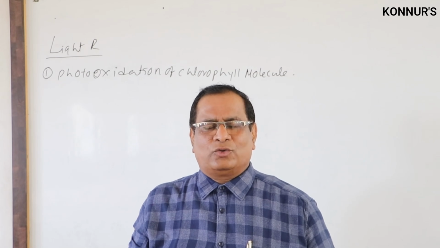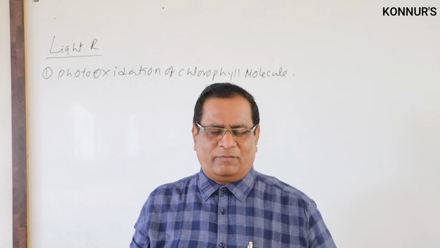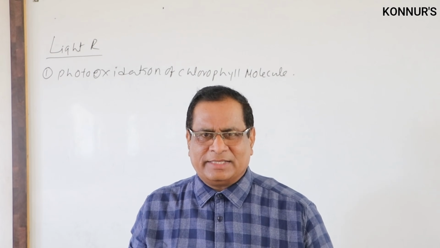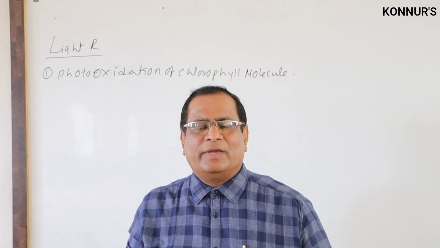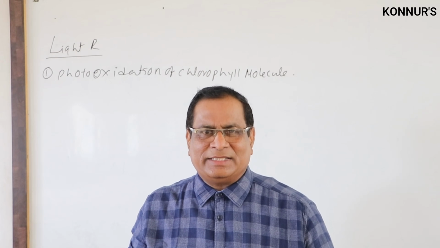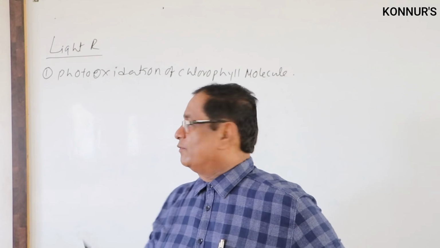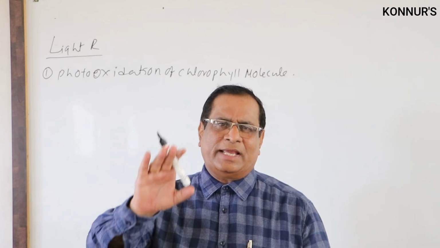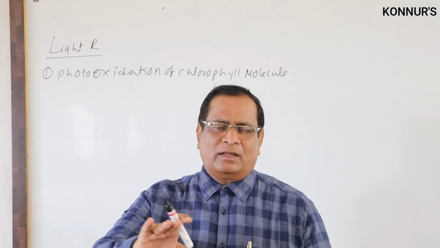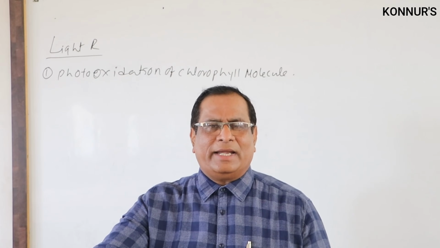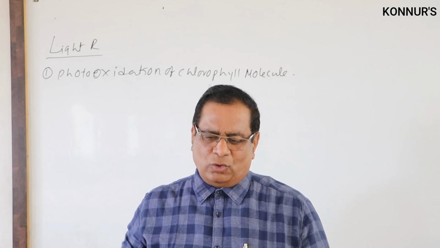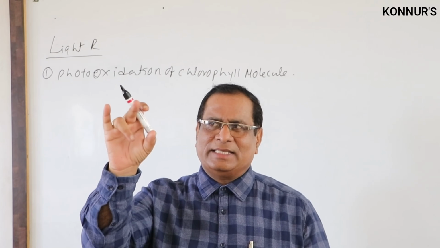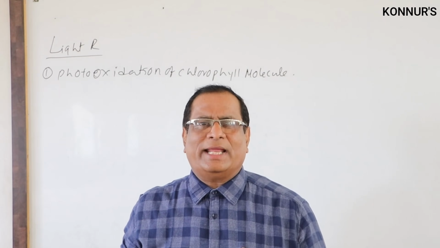You know about 2 LHCs, photosystem first, where chlorophyll A700 is there, and photosystem second, where chlorophyll A680 is there. Whenever light falls, the radiant energy from the antennae comes to chlorophyll A, which goes to a higher level, loses an electron, becomes excited, and the ejected electron passes through many electron acceptors.